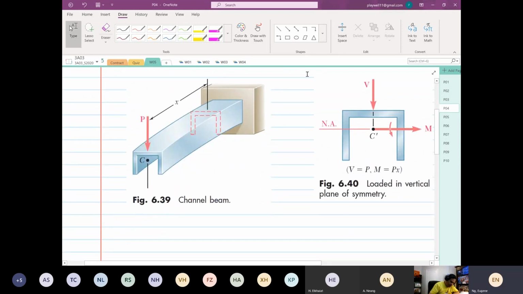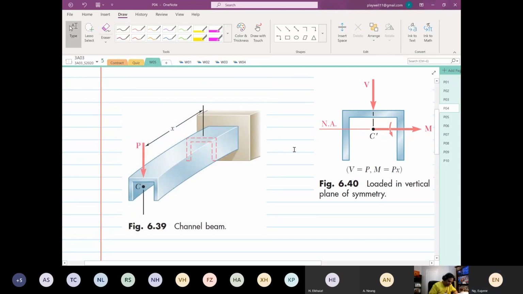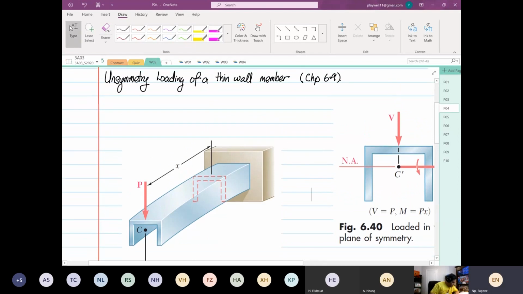So if we have a channel now, okay, we have a channel. You can see a channel now, right? Then this structure we are loaded this way is under the condition of symmetrical loading.